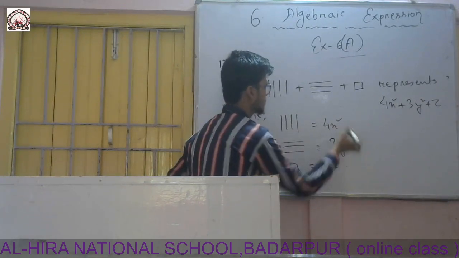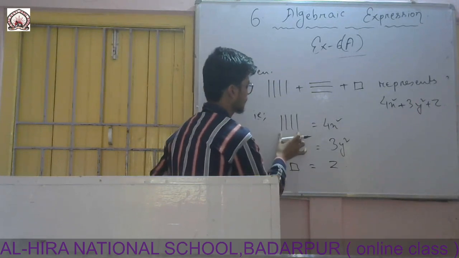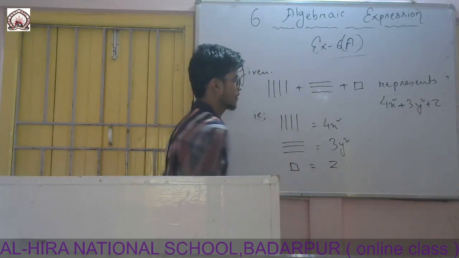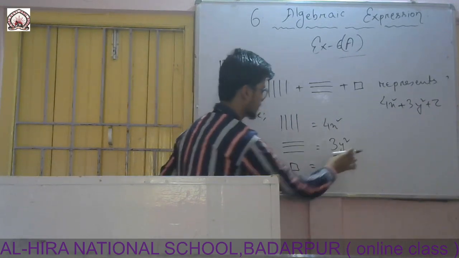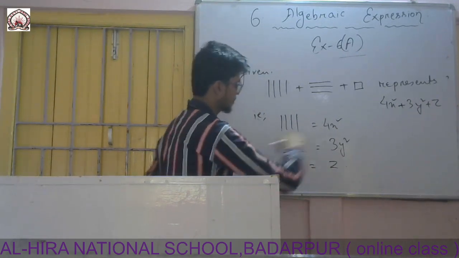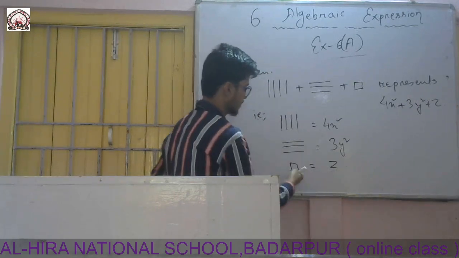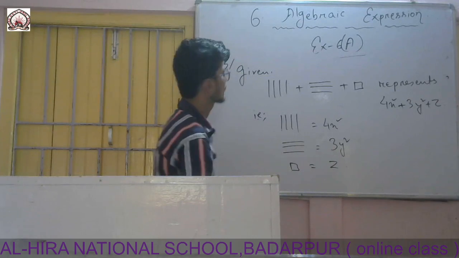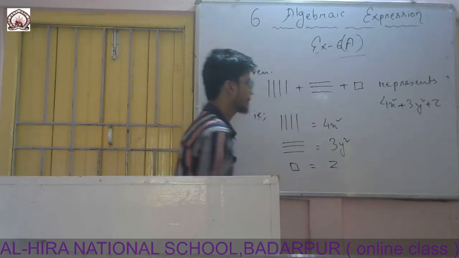When the variable is x, the term is expressed with vertical lines. When it is y, these lines are given in horizontal, and when it is z, the term is represented by a box.